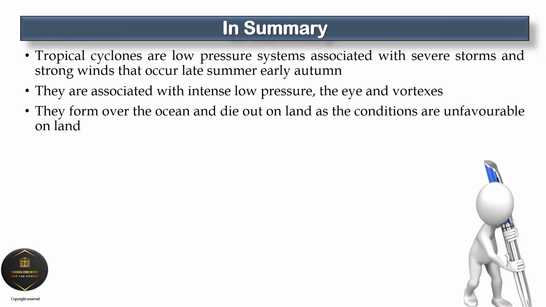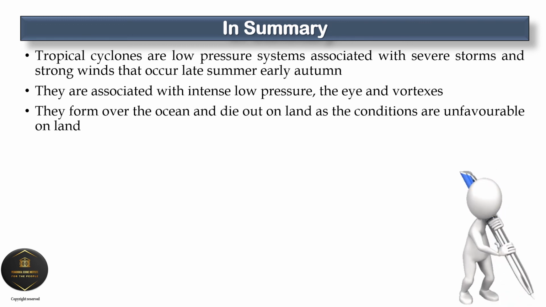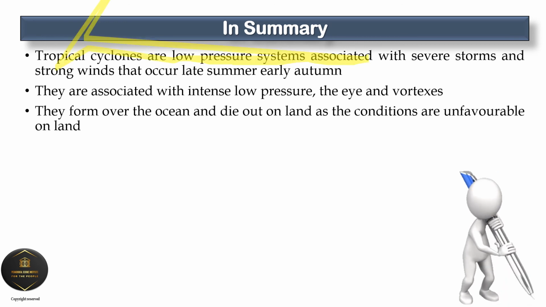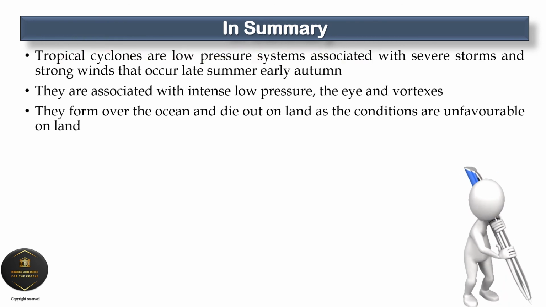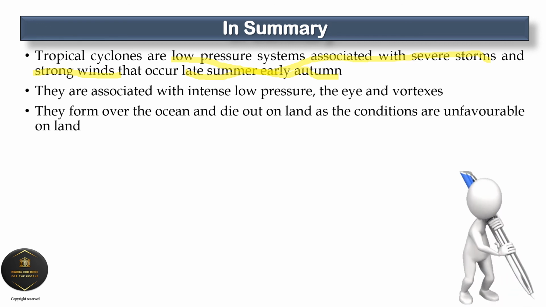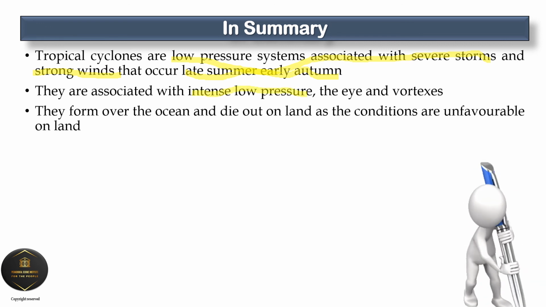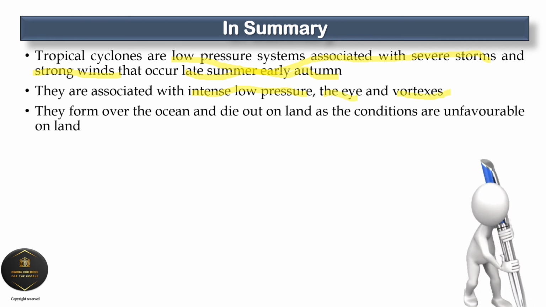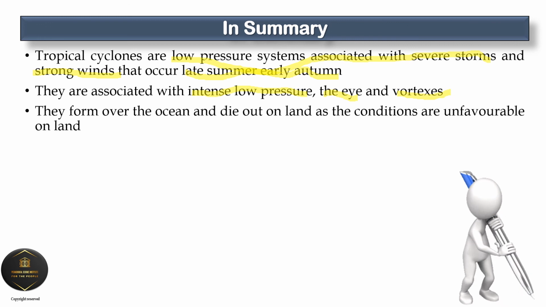So in summary, we said tropical cyclones are low pressure systems associated with severe storms, strong winds that occur in late summer, early autumn. And they are associated with what? Intense low pressure, the eye, and vortexes. So those are very important parts of the system.